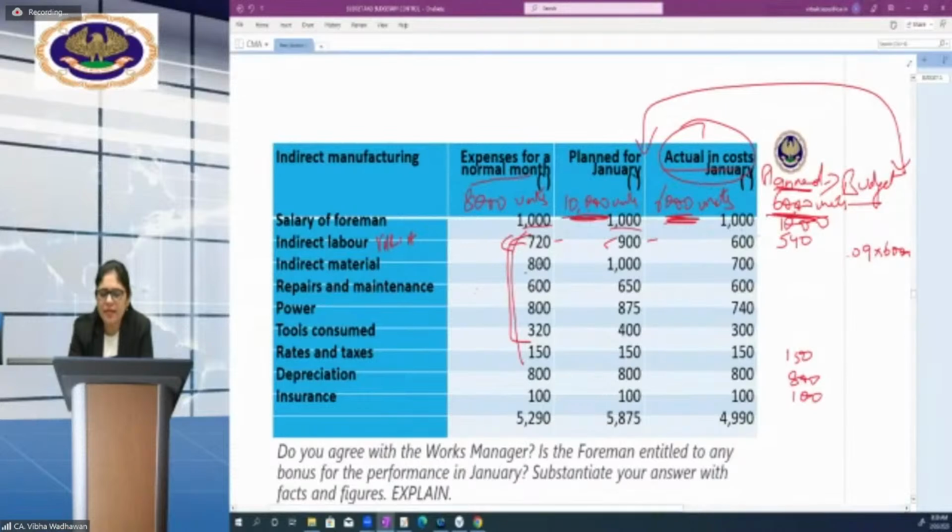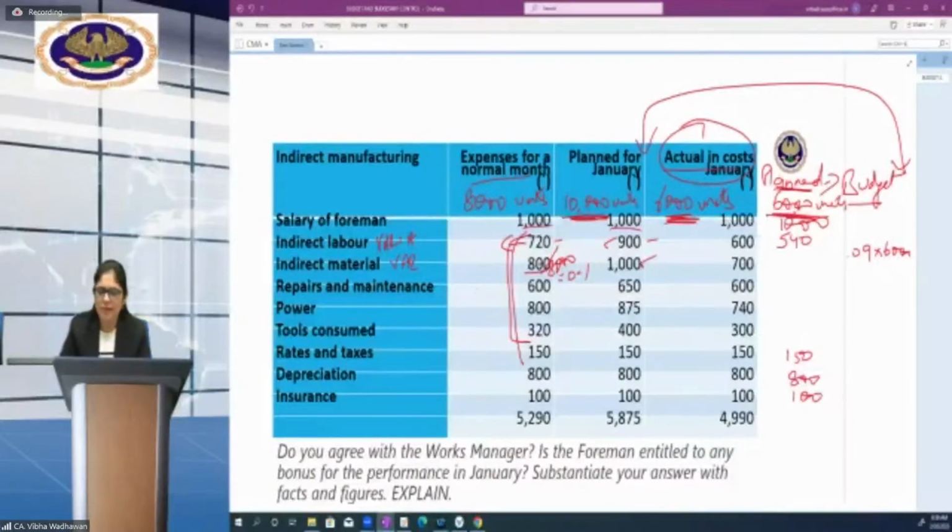Indirect material 800, divided by 8,000, is 0.1. 0.1 into 10,000 is 1,000. So it is also variable because it's coming as 0.1 per unit, and if you multiply by 10,000, it comes to 1,000.